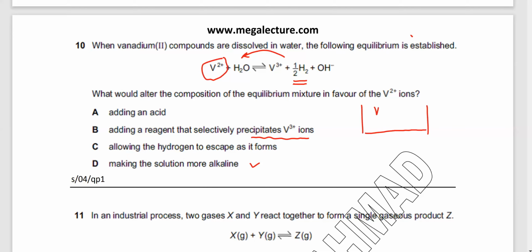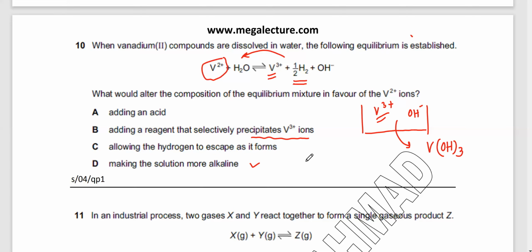In a solution, you have V3+ ions. You might add OH ions, and maybe this V(OH)3 would combine to form an insoluble precipitate, which goes to the bottom. The amount of V3+ ions in the solution would be lesser now. So if I'm trying to add more V3+, it's going to go backwards, right?